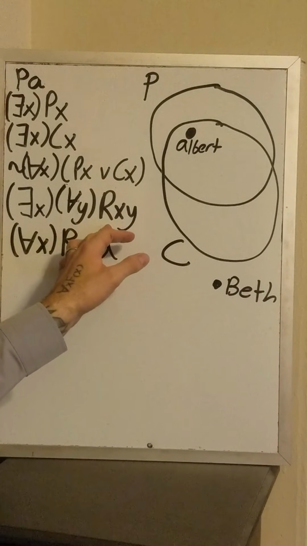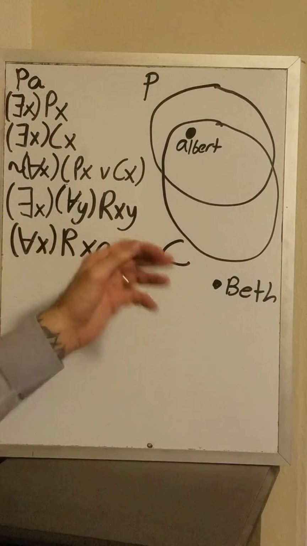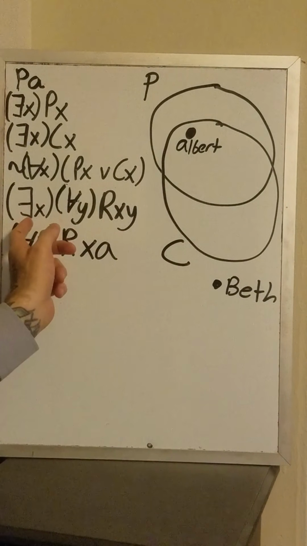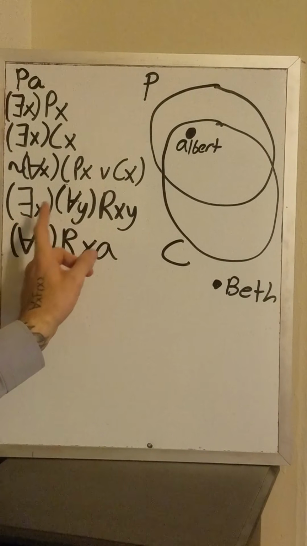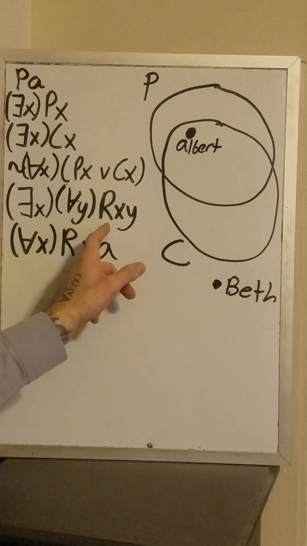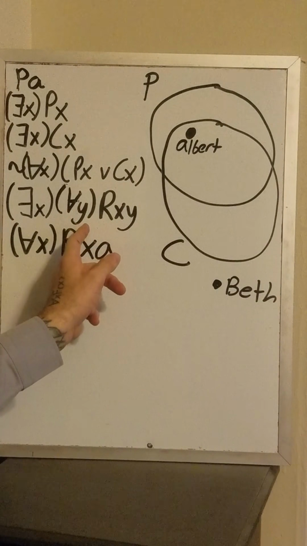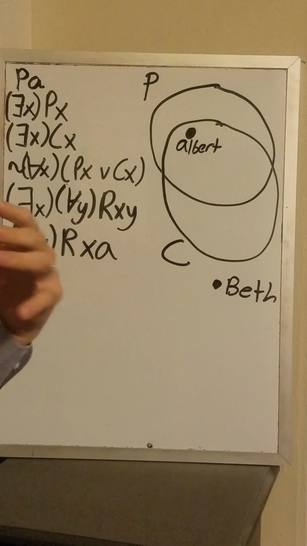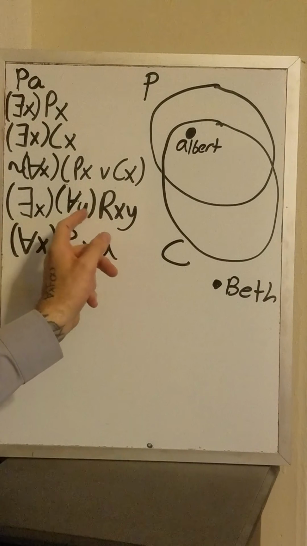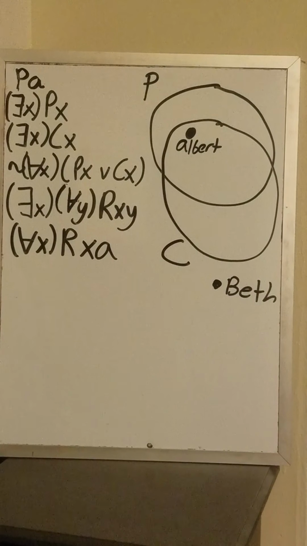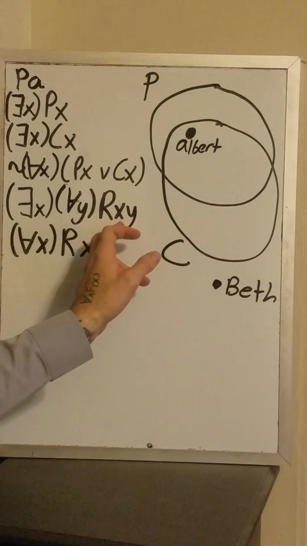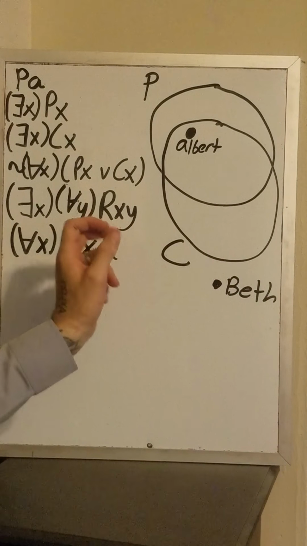So let's call R respects, just to make it easier to talk about. This is saying there is some x that respects all y. In other words, there is some x that respects everyone or everything. So let's make Albert our x that respects everything.